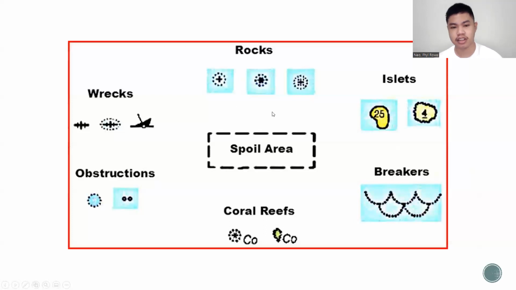These are basically the rocks, and these are the different symbols for the rocks. The islets, which are the small islands. The breakers, the coral reefs and their symbols. The obstructions, now the wrecks or the shipwrecks. These are the different symbols of it.